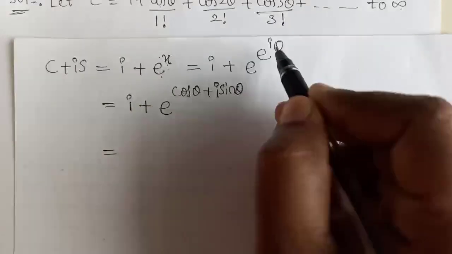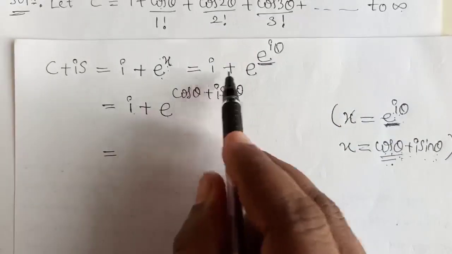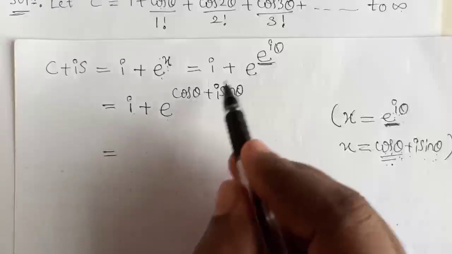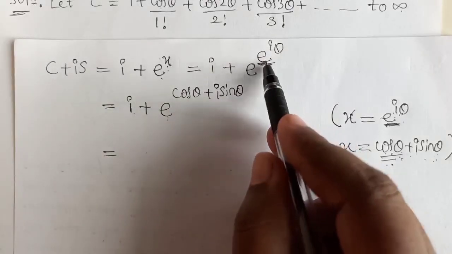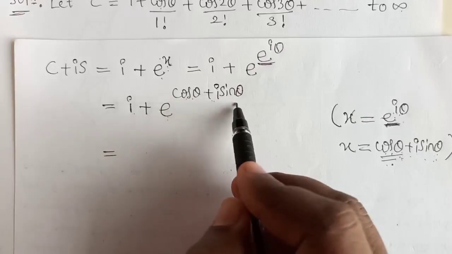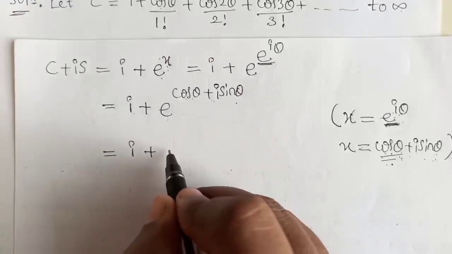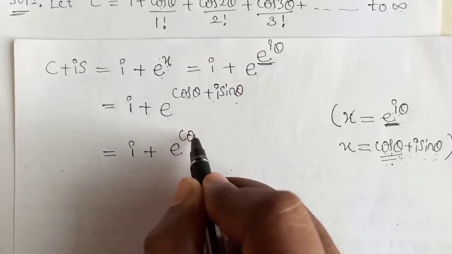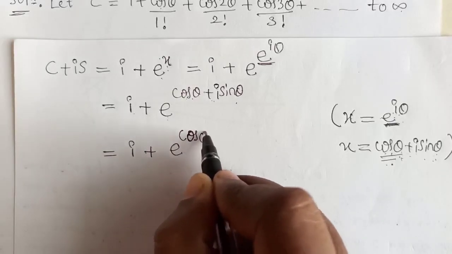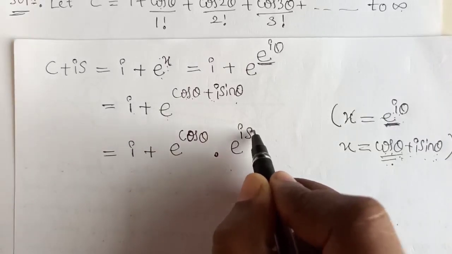Now, expanding this one, that is I as it is plus e as it is, in the place of e raised to I theta I will substitute this one, that is cos theta plus I sin theta. So this can be written as e raised to cos theta into e raised to I sin theta.